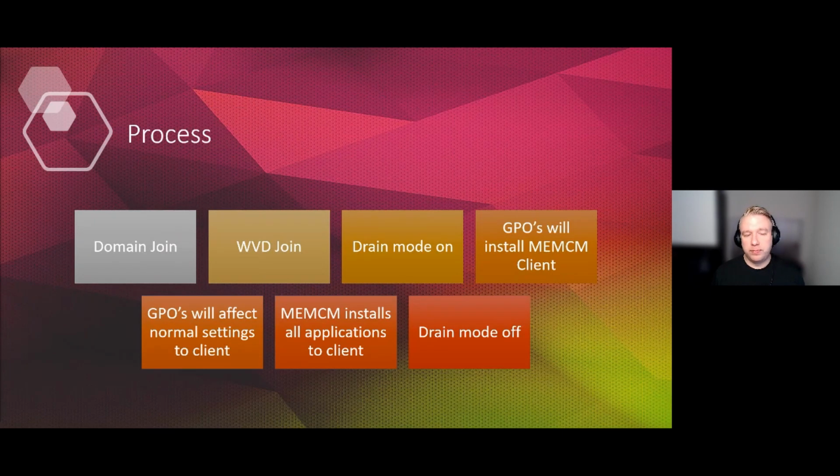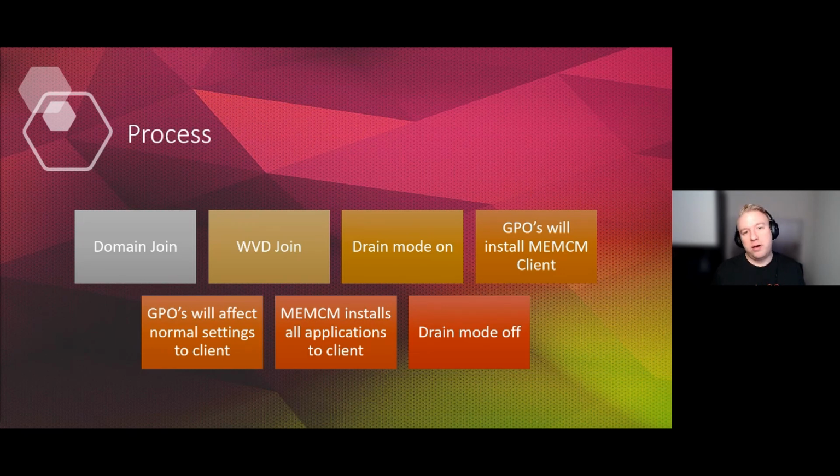It's good because it's also fixing the client if something happens to the client itself. GPOs and configuration manager will install and customize the device as it would be the thick image, but you don't have to do it beforehand. You do it always when you need it.